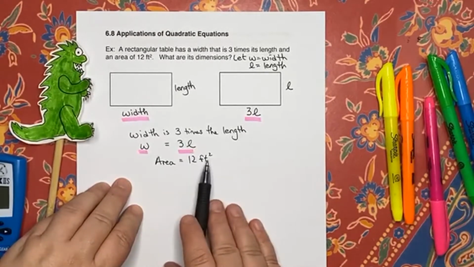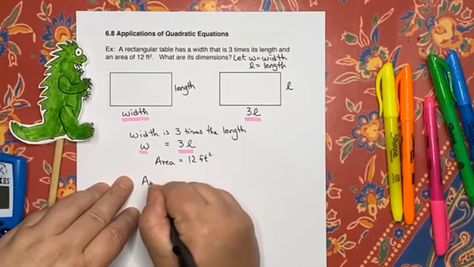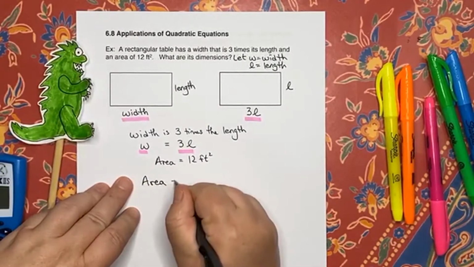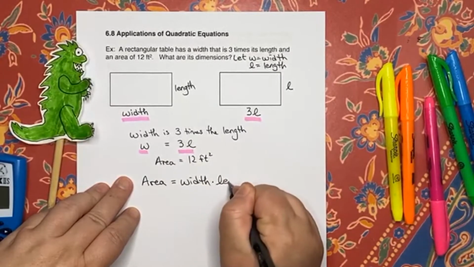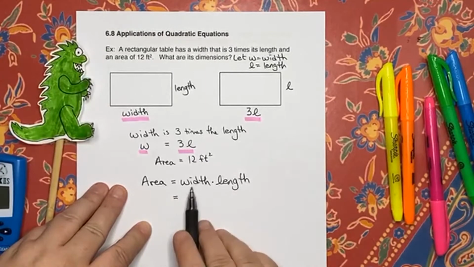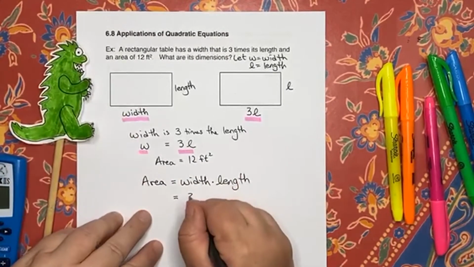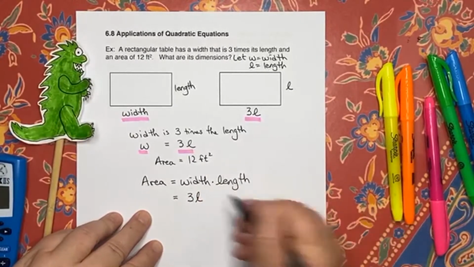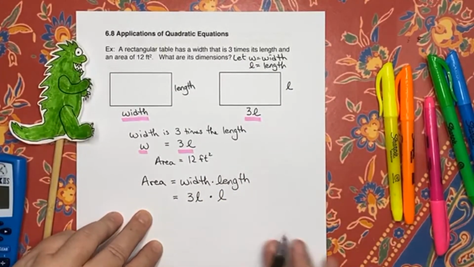My area is 12 square feet. So I know that the area of a rectangle is the width times the length, or the length times the width. So the width is, I could write W, but I could also write 3L. And the length is L. Notice I've got it all in L.